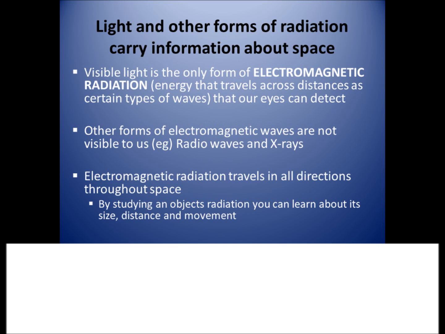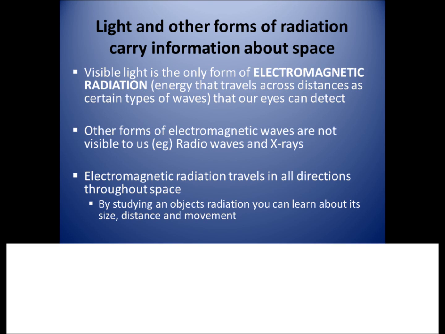If you recall, visible light is the only form of electromagnetic radiation that our eyes can detect. Electromagnetic radiation is energy that travels across distances as certain types of waves. We are going to be taking a look at the electromagnetic spectrum, and you will see that visible light is the only one that we can detect with our eyes, and other forms of electromagnetic radiation such as X-rays, radio waves, and gamma rays are not visible to us.